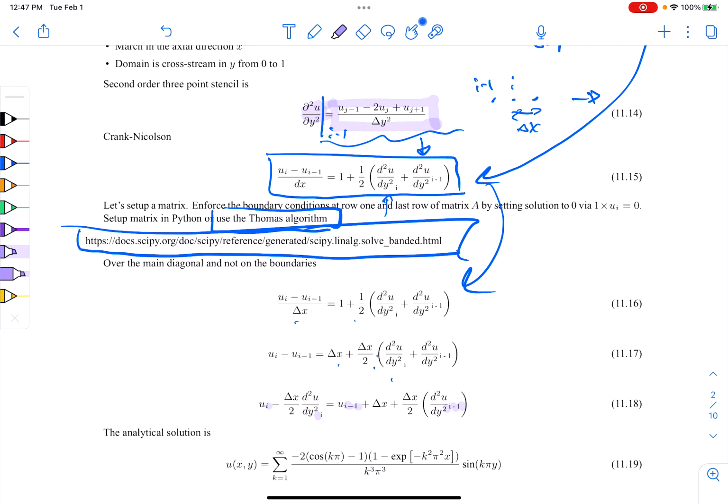So this way, at least, I can keep all my unknown data on the I grid point, and I know all my data at the I minus 1 grid point. So when you start your solver, your initial condition would be I minus 1, which would be the first grid point. First grid point in your marching direction, right?